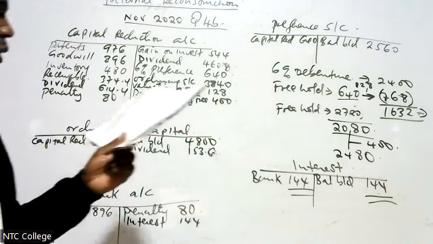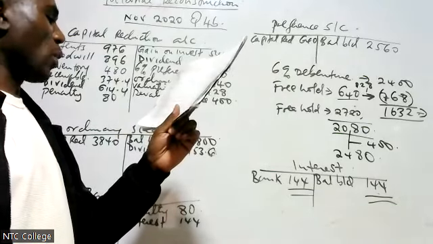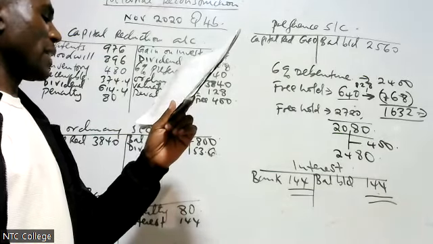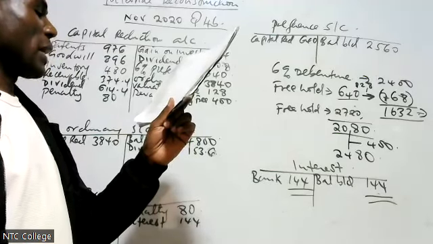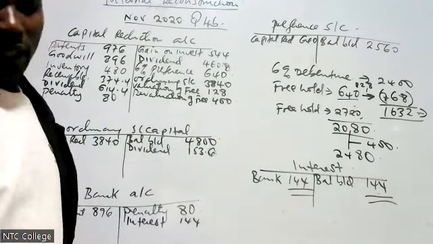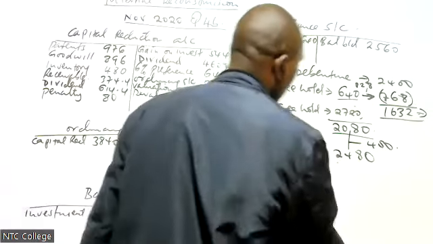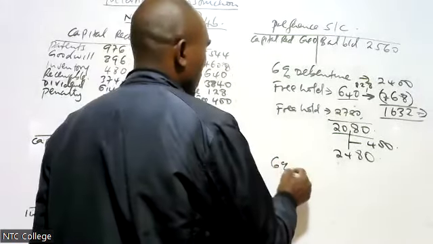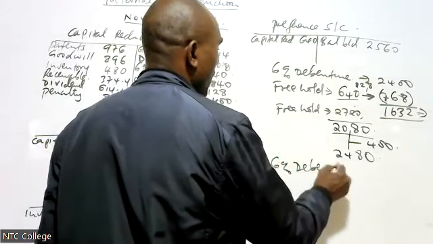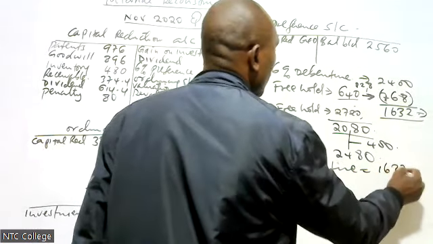Then in the same note number 5, examiner is saying the 6% debenture holders are also to provide additional cash of 832. Now it means I'm going to have two loans here. After reduction of their loan, we remain with 1632.